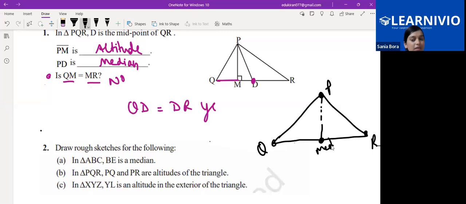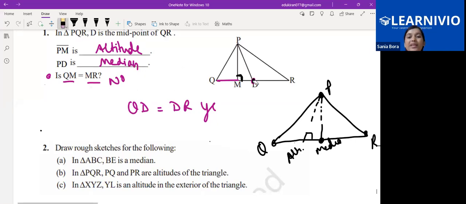This line is a median. But if it is joining any point and it is making 90 degree, then this line is called altitude. So over here, this PM is making 90 degree here. So that's why it is altitude, and the PD is basically joining the middle point. That is, it's a median. Clear?